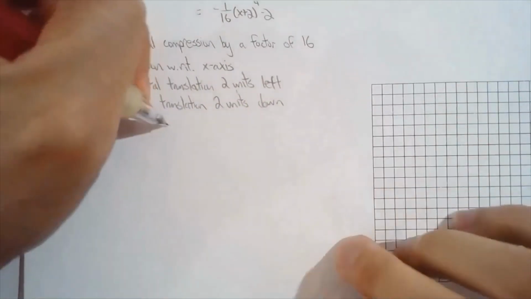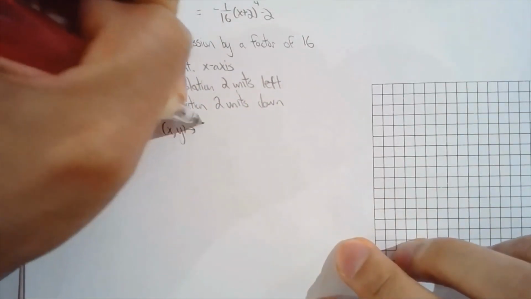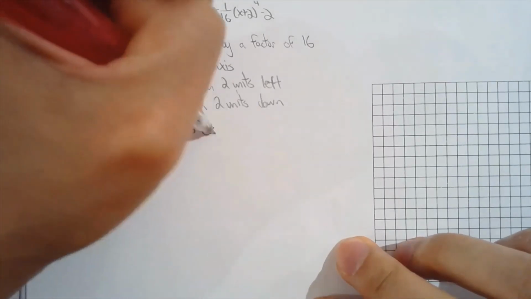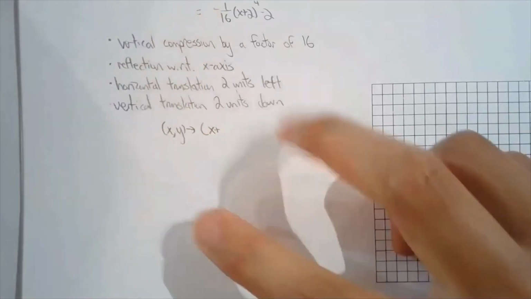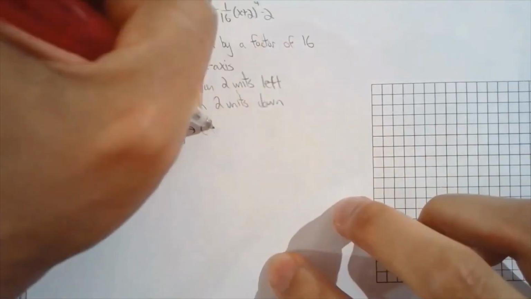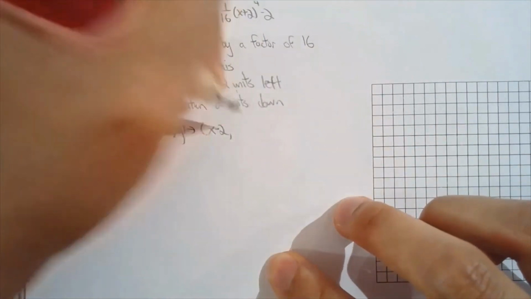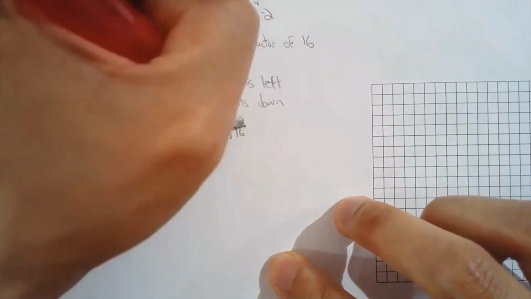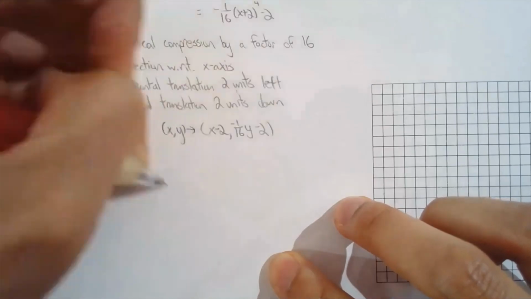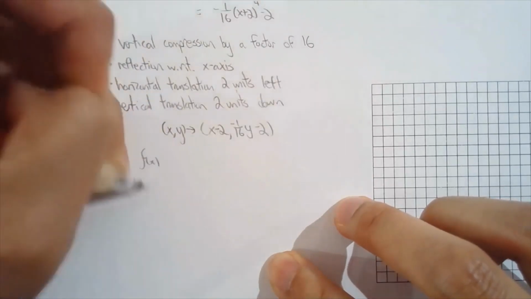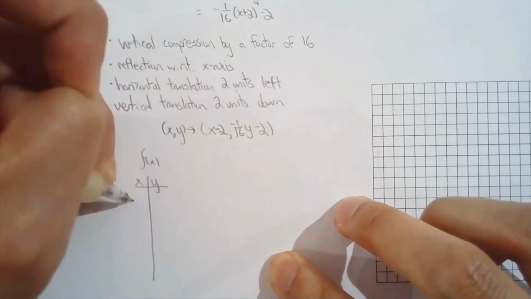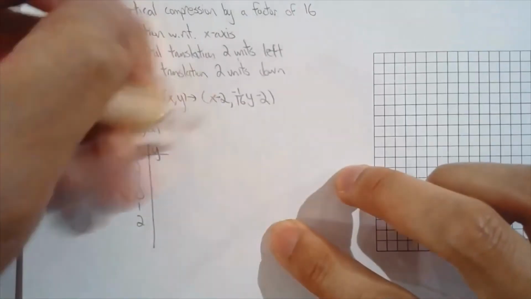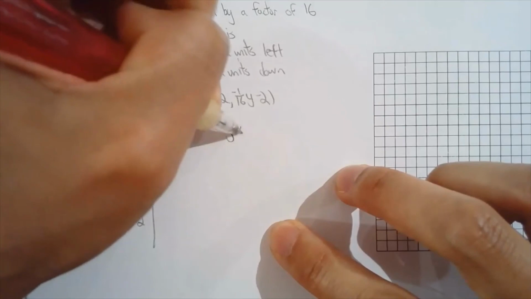Okay, mapping rule. So let's see, x minus 2, and then negative 1 over 16, y minus 2 of x, center of the graph, and then g of x.